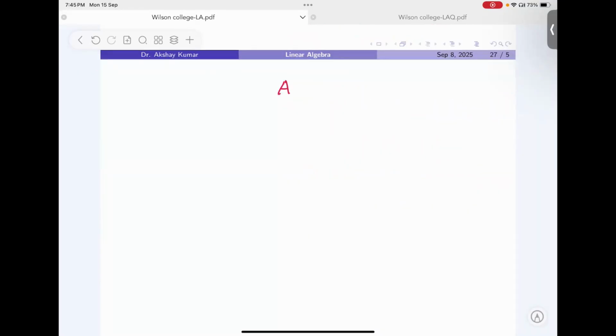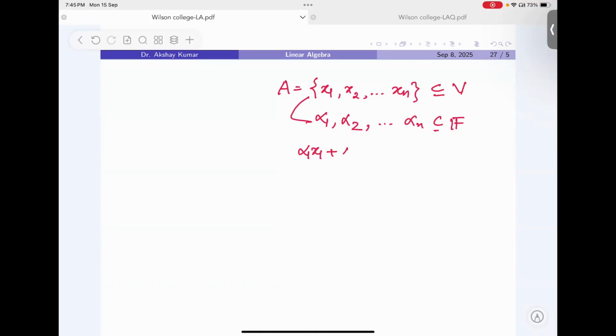Suppose you have a subset A of a vector space V and you have scalars from the field F. The linear combination of these vectors with respect to these scalars will be alpha 1 x1 plus alpha 2 x2 and so on.